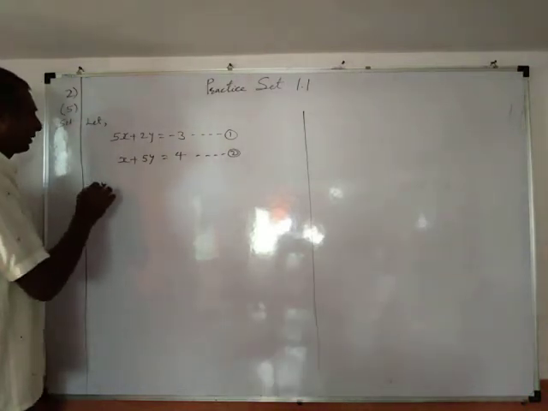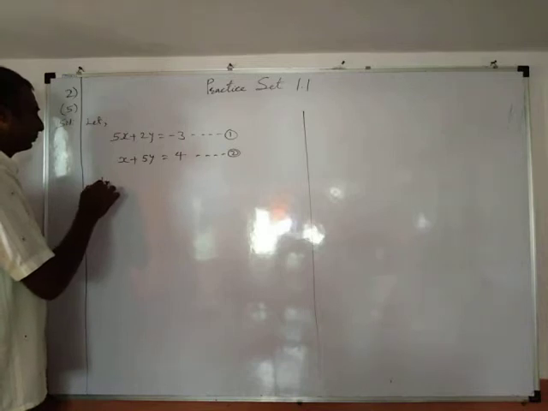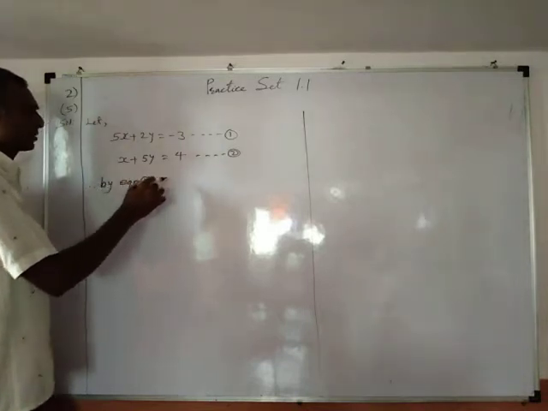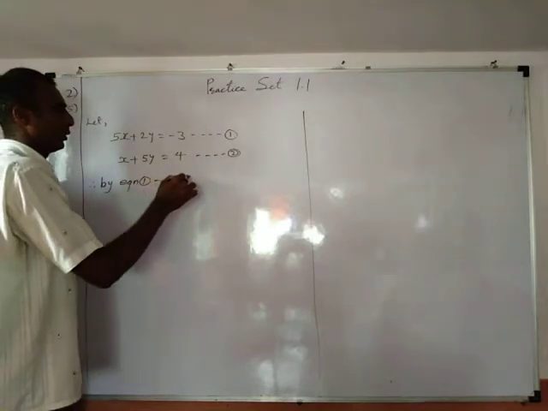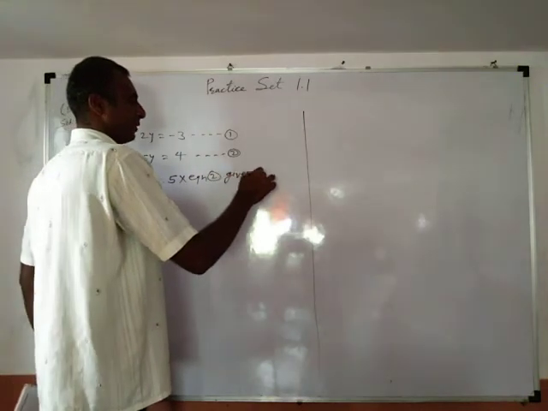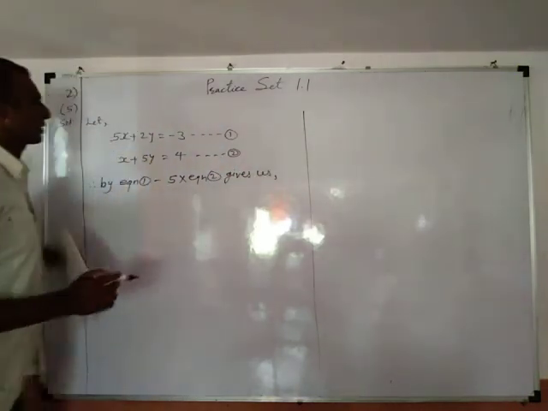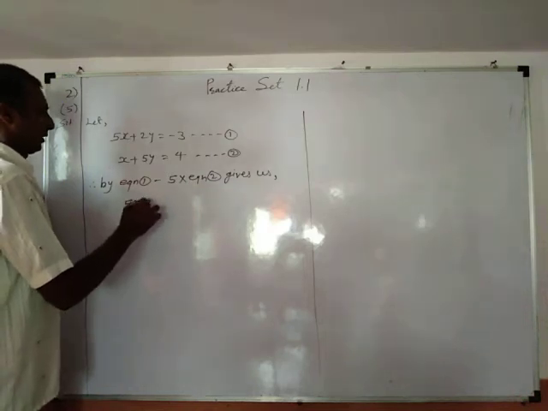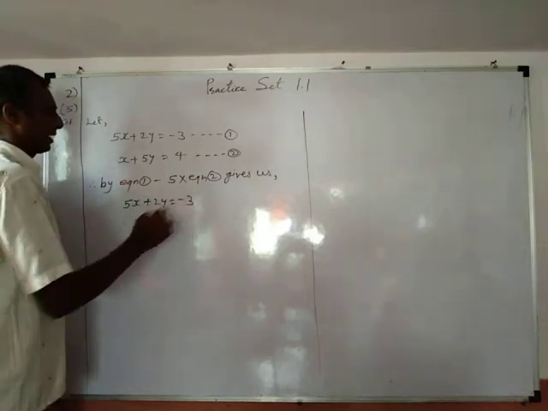Therefore we may write, therefore by equation 1 minus 5 into equation second gives us. Okay, let us see what it gives us. Equation 1 is 5x plus 2y equal to minus 3.